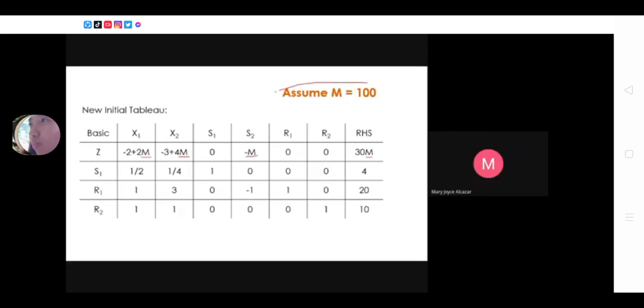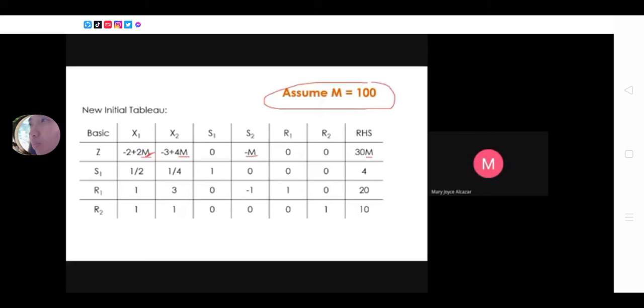So we will only assume that the value of M is 100 in identifying the entering variable, not in the Gauss-Jordan computations. So to identify the entering variable, assume that M is 100. So you will substitute the value of M in these terms, then identify the resulting value.